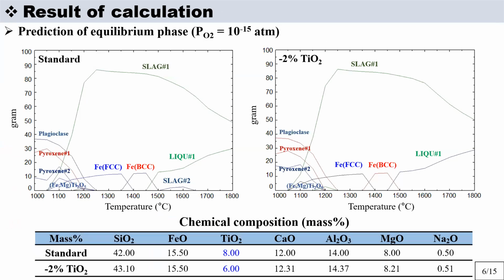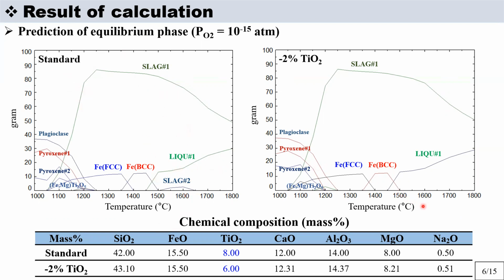These two figures show the result of calculation. The left side is for the standard composition and the right side is for -2% of TiO2, which means TiO2 content 2% less than the standard composition. For the standard composition, there are three phases at 1600 Celsius degrees: slag 1, slag 2 and a liquid phase.